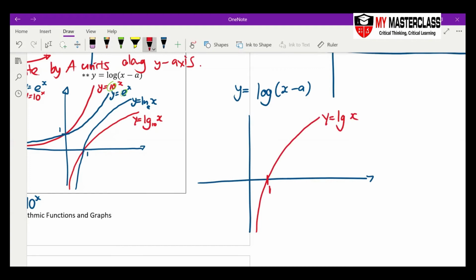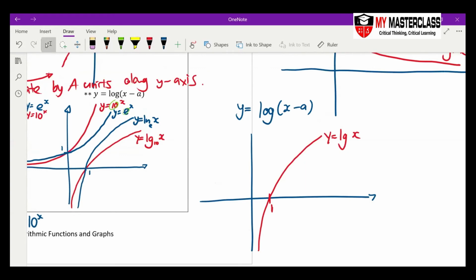And then you realize that this line here is an asymptote, because you cannot take log 0. You use log 0, it becomes undefined. So that's why X cannot equal 0. There's an asymptote here at X equals 0.